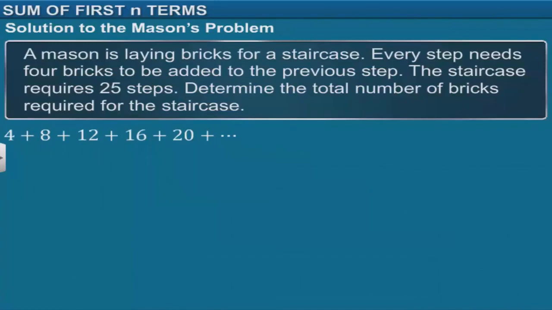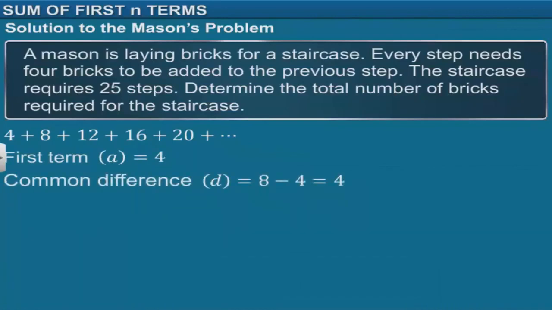You can apply the formula for sum of n terms to the given data. Substituting the values of n, a, and d in the formula, you get the value for the sum of n terms, s.